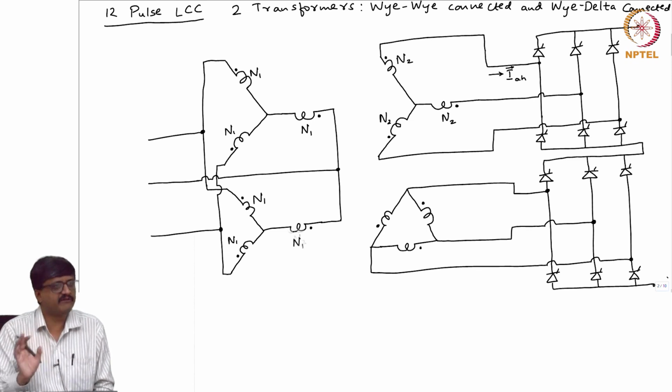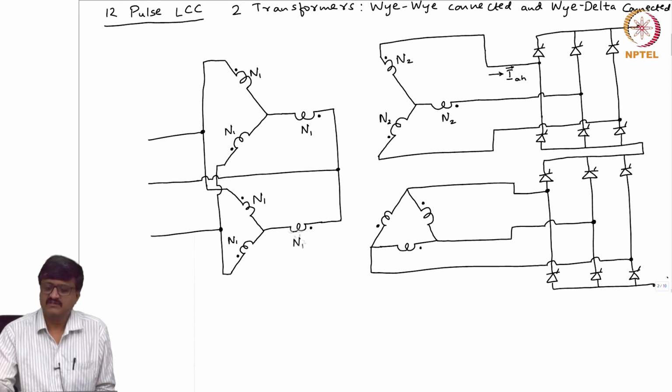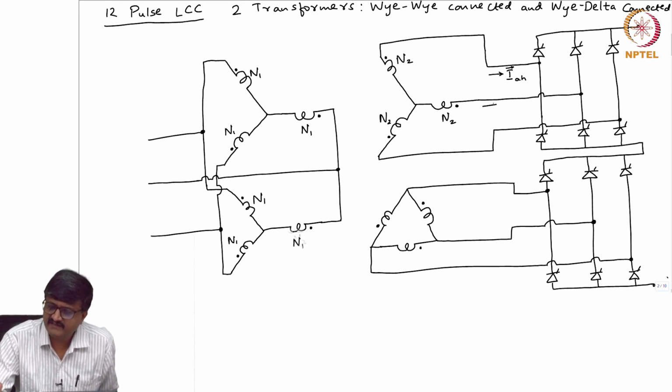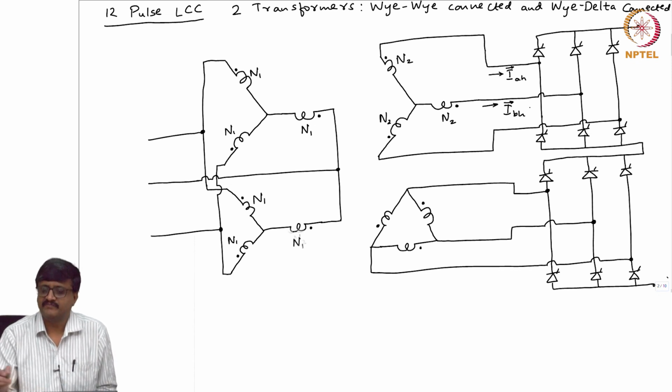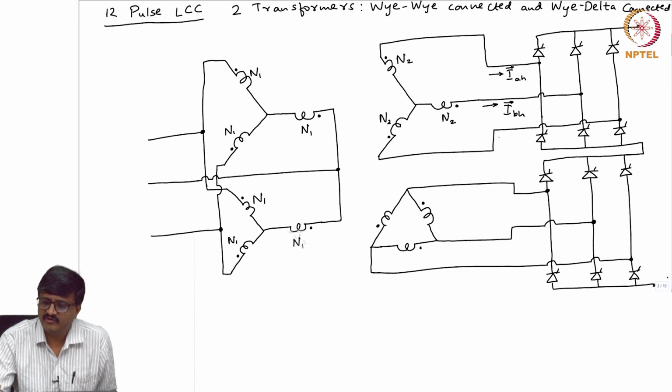At a time I take one value of H. Like that I can do analysis for all the values of H. Similarly, if I take the next B phase, the current here is IBH, and the current that is flowing in this wire is ICH.